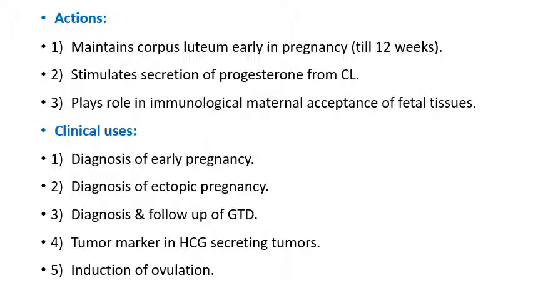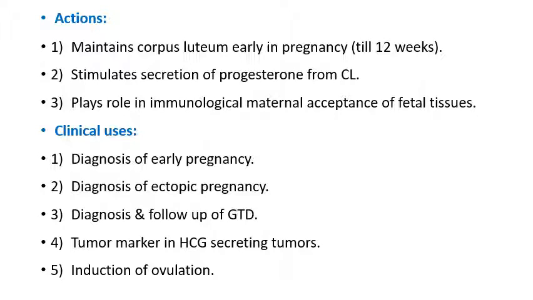And its clinical uses, it is used in diagnosis of early pregnancy, and in diagnosis of ectopic pregnancy if we have beta HCG more than 1,500 milli-international units per milliliter, and we do transvaginal sonography and there is an empty uterus, so it is ectopic pregnancy.